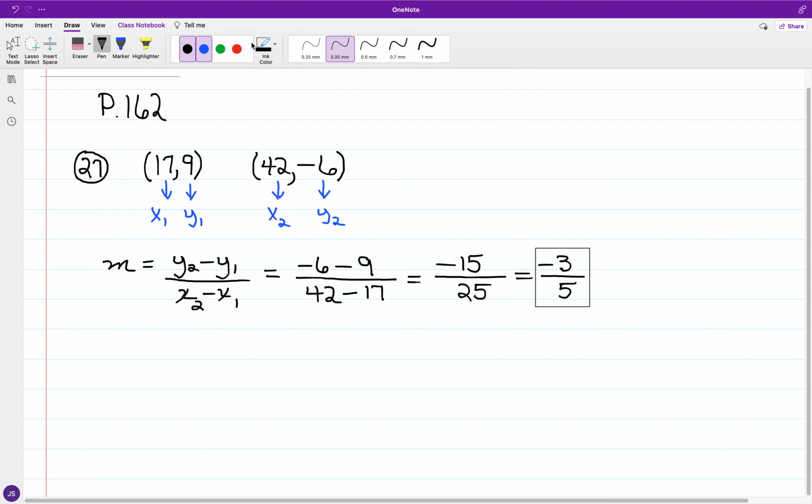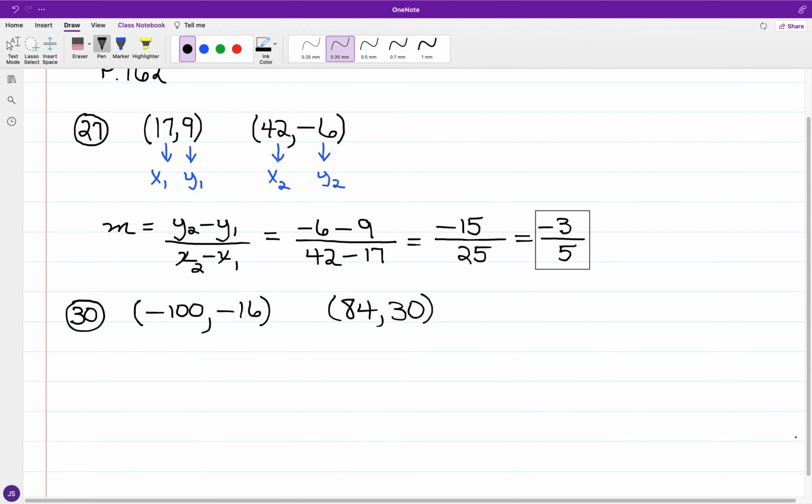All right, now for number 30, we have another group here, and with these points, the first one mentioned will consist of negative 100 and negative 16, and the other ordered pair we have at 84, 30.